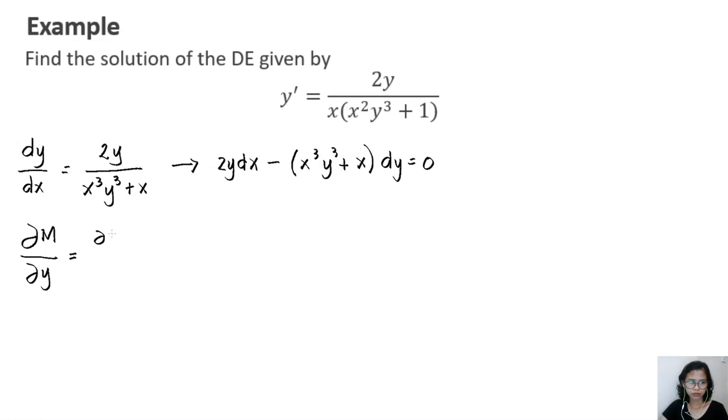So I will differentiate 2y with respect to y, and the derivative of 2y is 2. Am I right? So let's solve for the other one.